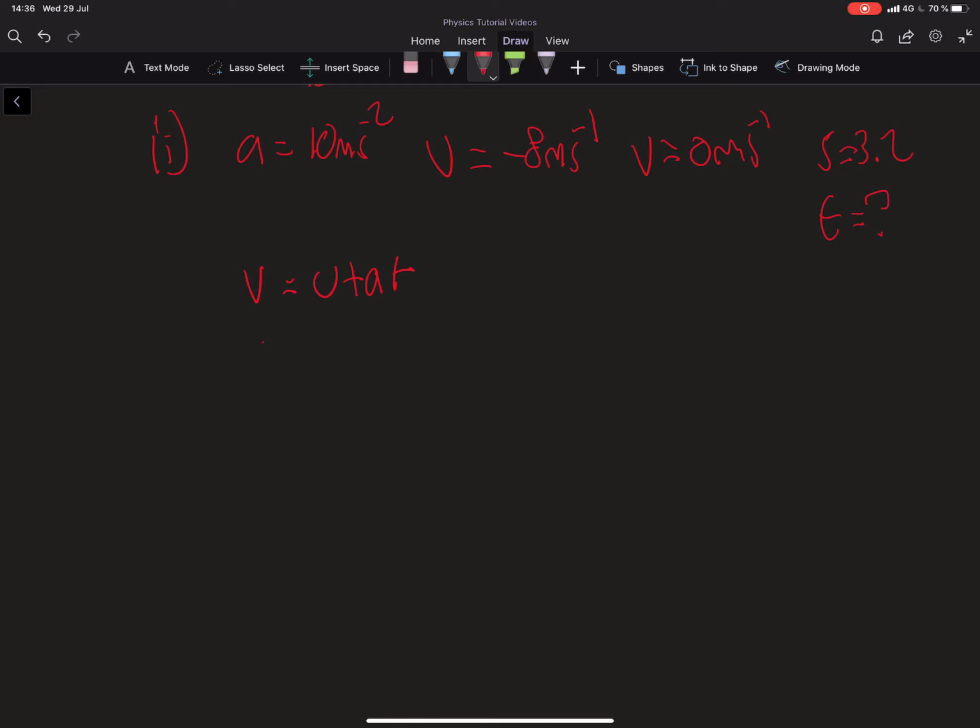So t is equal to v minus u over a. From here you just plug in the values. So t is equal to 0 minus negative 8 over 10, which gives us t is equal to 8 over 10 or 0.8 seconds. Great.